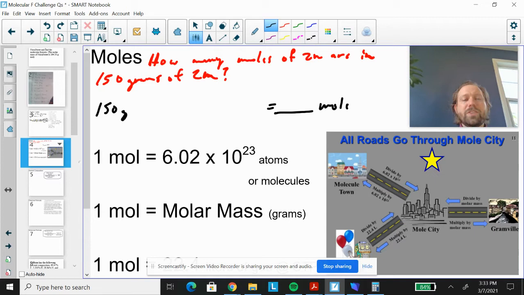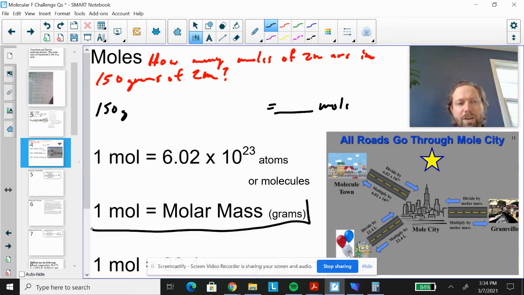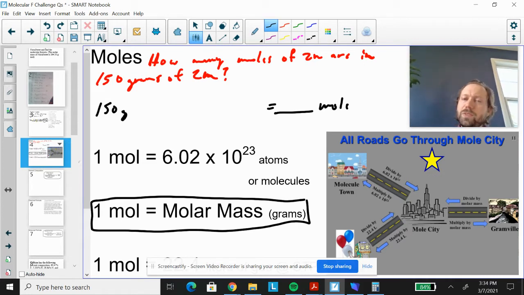Okay, so in this case, you have grams and you have moles. Given grams, finding moles. And so we'll look at first the left-hand side. So here we have a tool or a conversion factor where we have moles equal to molar mass, which is in grams. So this is what we're going to do. We're going to use that one.